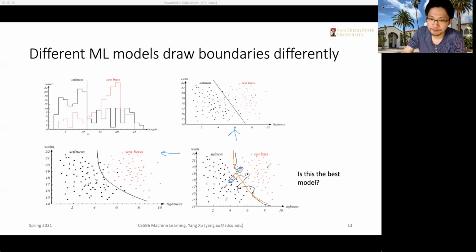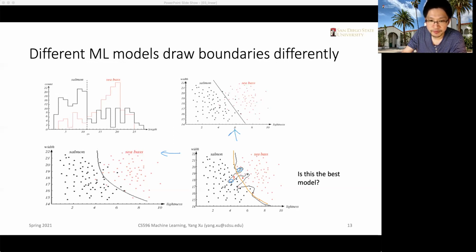But we need to think about whether this is the best model, right? The problem of this type of model is that it is not friendly to new data. It doesn't generalize well, right? Because, for example, if a new sea bass comes in at this point, I draw a new red dot here.